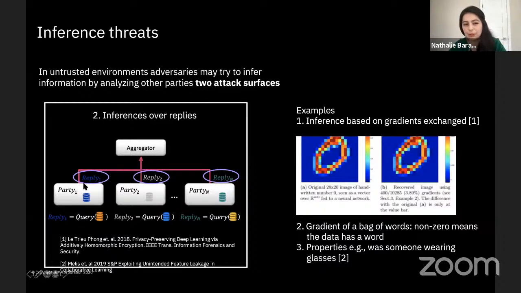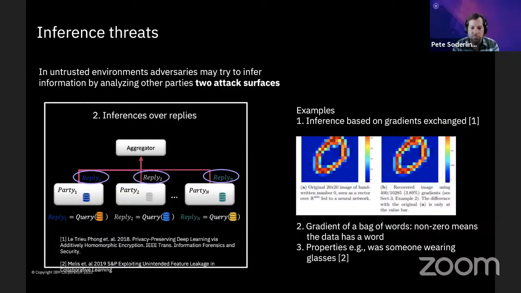Even though you're not transmitting the data, it is possible to know, for instance, if you're training a model for text classification using a bag of words, it is easy to see that a non-zero position means that somebody actually had a word. Again, in the example of trying to buy a company, that's really worrisome.